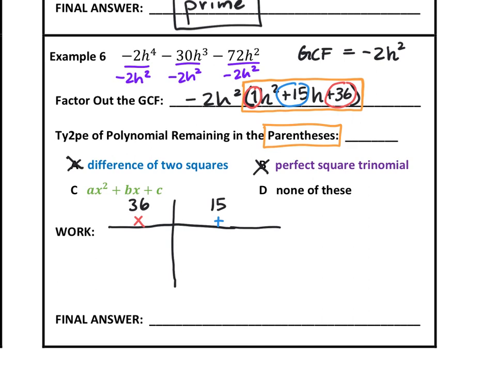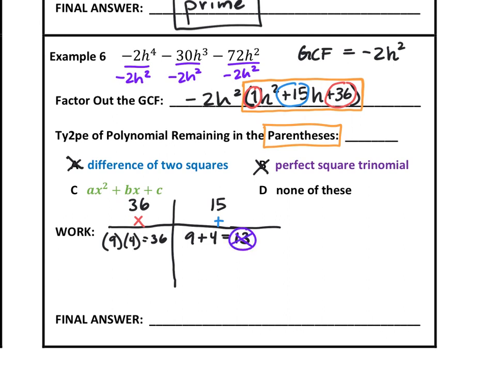Okay, so two numbers that multiply to give me 36. Nine times 4 is 36. What's 9 plus 4? That's 13.